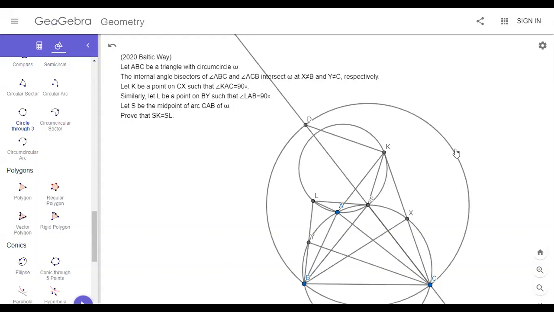I think there would be an angle chase that could get you to solving the problem. So yeah, if we can show that's cyclic, I think it might get us there.